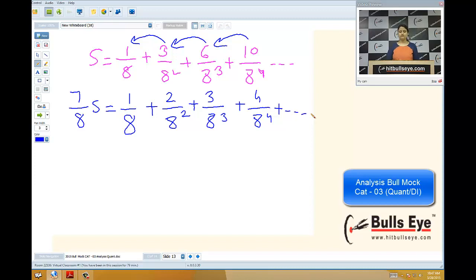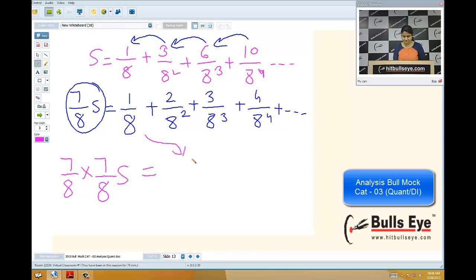Now there is no formula to write the sum of infinitely many terms of this series, because that is not a complete GP. We'll apply the same process once again. Again, from 7 by 8 of s, its 1/8 is subtracted. If you subtract 1 by 8 of anything from itself, you will get 7 by 8.